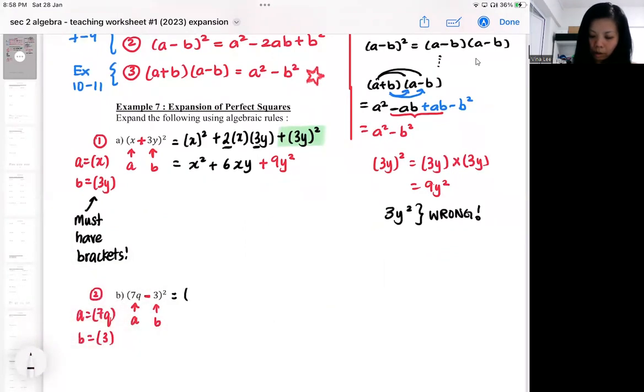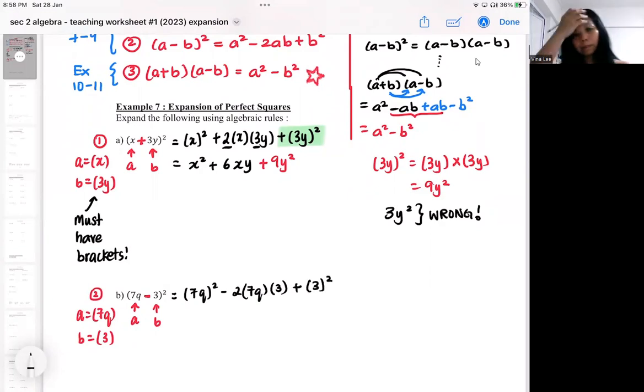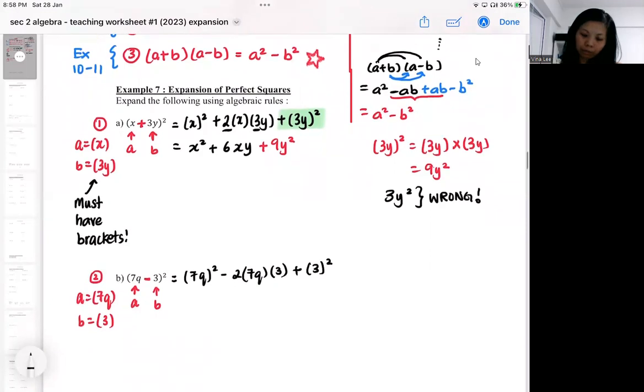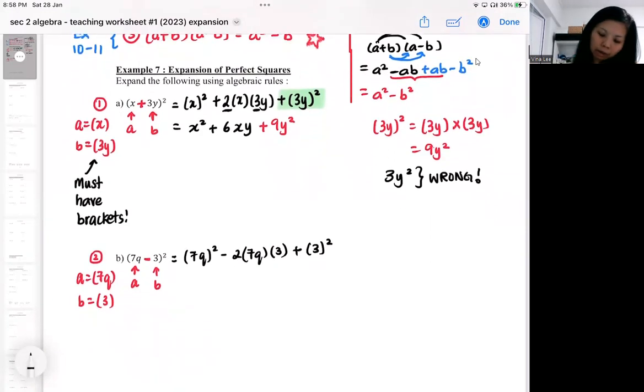So I will get a squared minus 2ab plus b squared. Again, you need to be careful with the bracket. With the bracket, it will get 49Q squared. Those who don't put the bracket will give me 7Q squared.